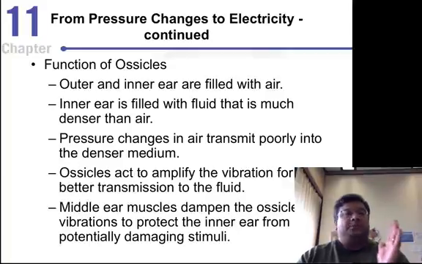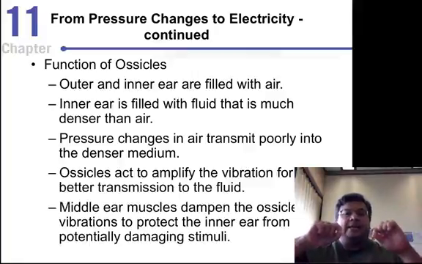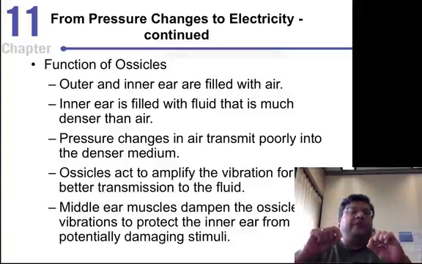So the bones, these ossicles, transmit that air vibration, and there are little muscles attached to the ossicles that, if all of a sudden you hear something that's way too loud and the ossicles vibrate too much, tighten and keep the ossicles from vibrating.